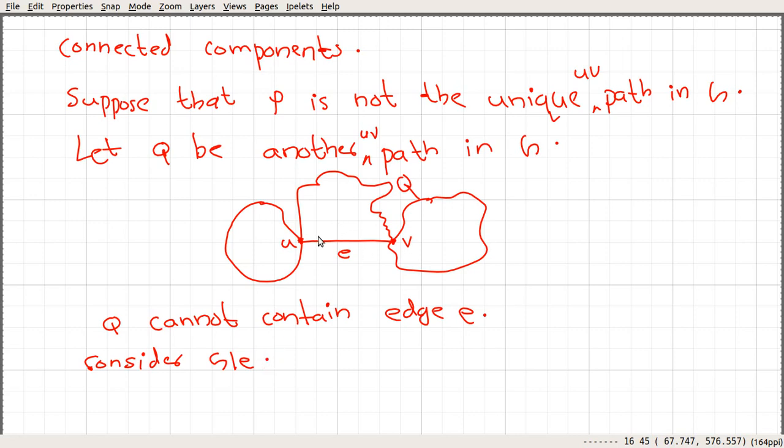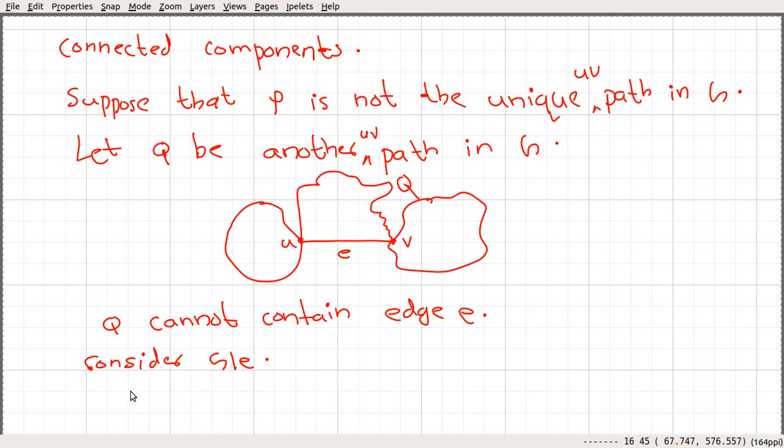Here we are trying to get a contradiction, so for that purpose we assume that there exists one more path Q. Let's consider the graph without this E, deleting this particular edge, and see what is going to happen.